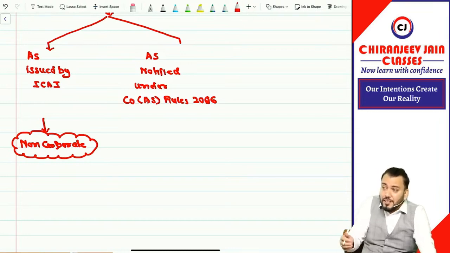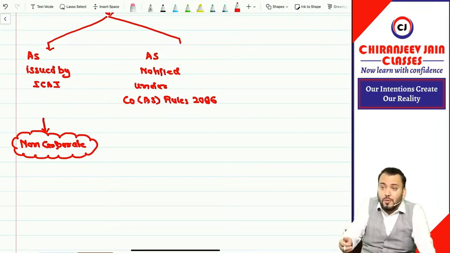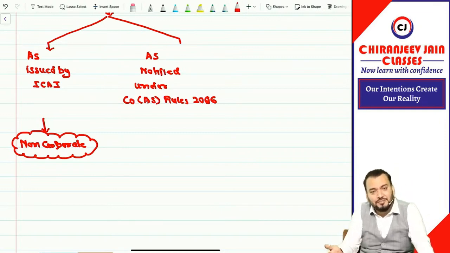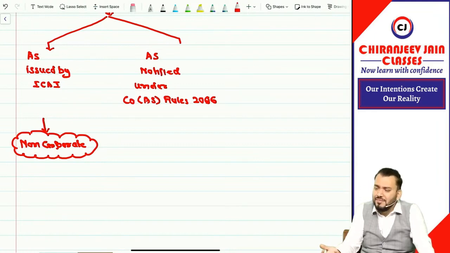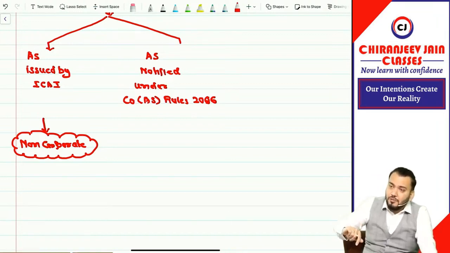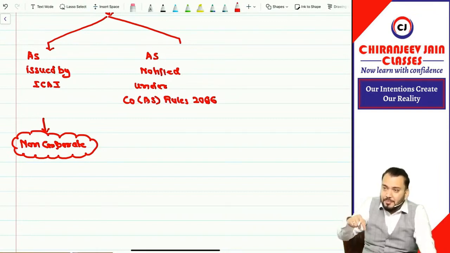When I am saying it is applicable to non-corporate entity, it means other than companies, means partnership firm or any other form of business. Correct? When I am saying non-corporate, it means what? Other than companies. Correct? Now when I am saying it is applicable, so of course one question will come in your mind, whether it is mandatory.